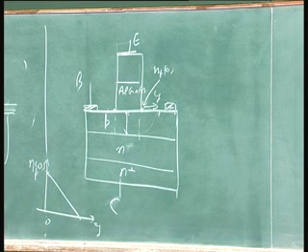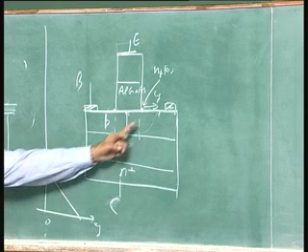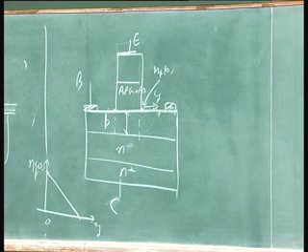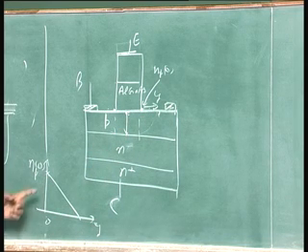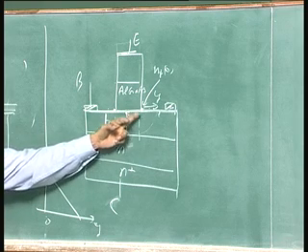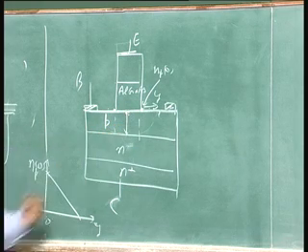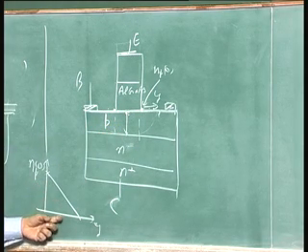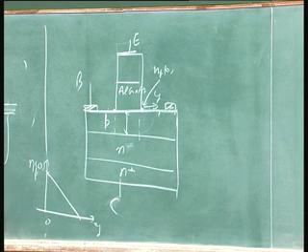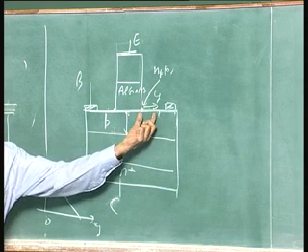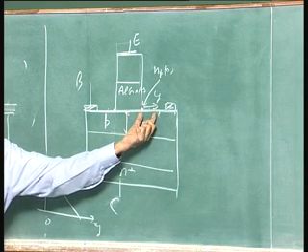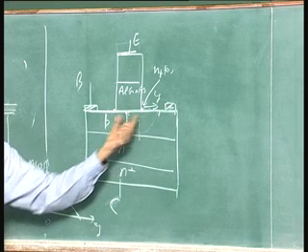So, that is why you can say the current due to recombination is equal to Q into S, that is the recombination velocity, into the average carrier concentration N_P0 by 2, into that area. Area corresponds to this width. How you take it will depend upon what the emitter shape is.